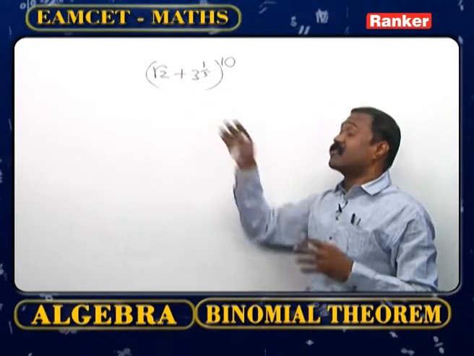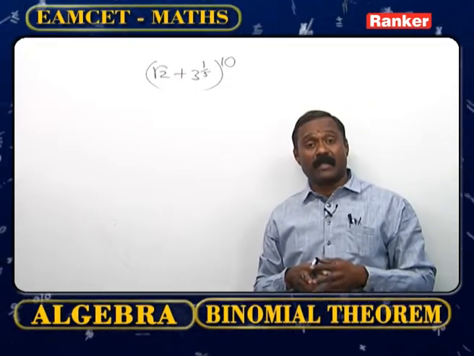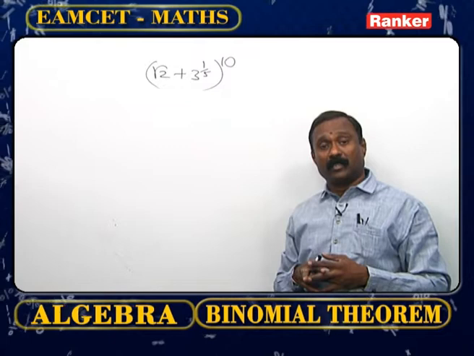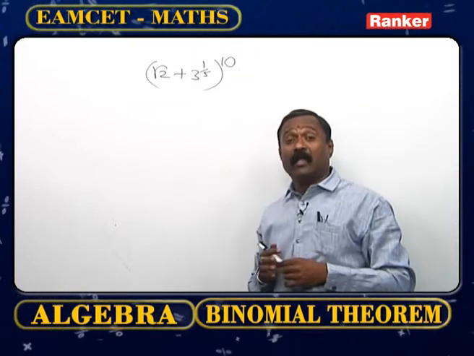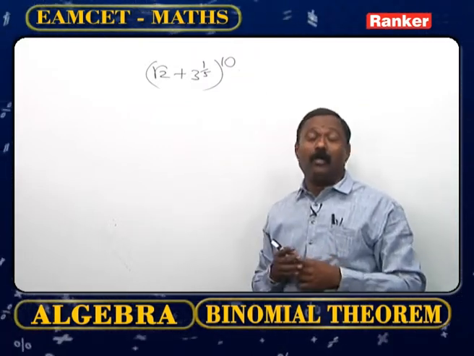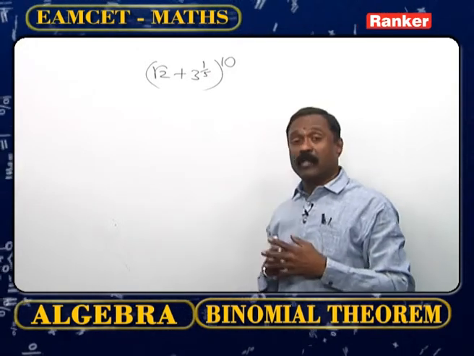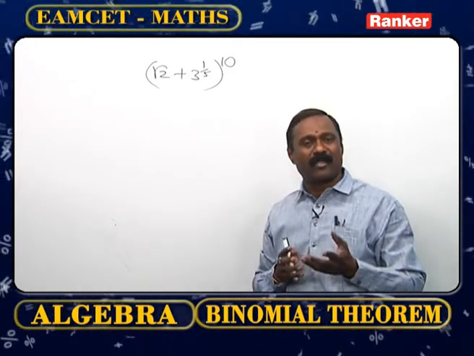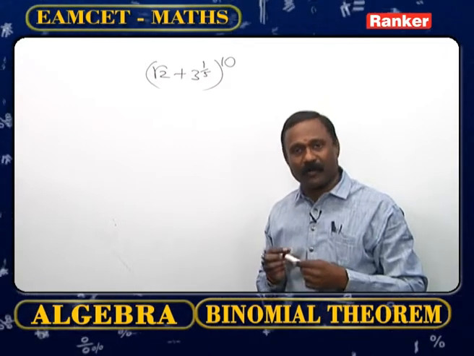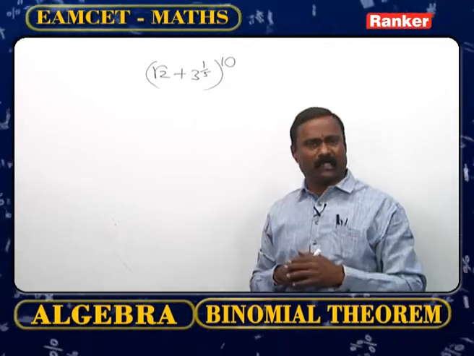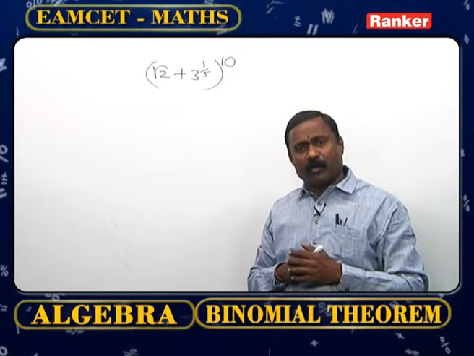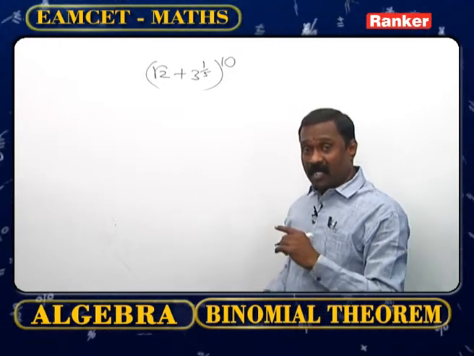Such terms are to be found out in this case, and how many such rational terms there will be, we don't know. If such terms exist, we have to find the sum of all of them. Whatever the situation, you always go through the general term.